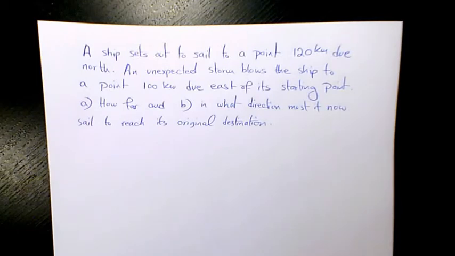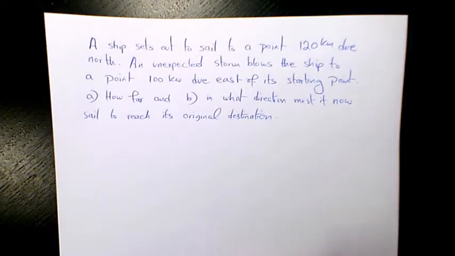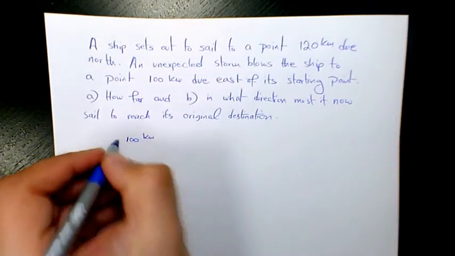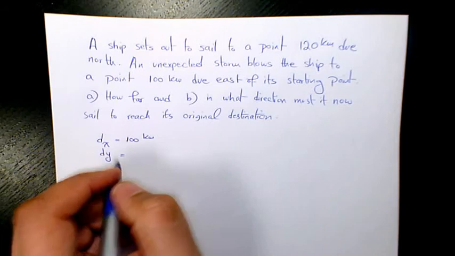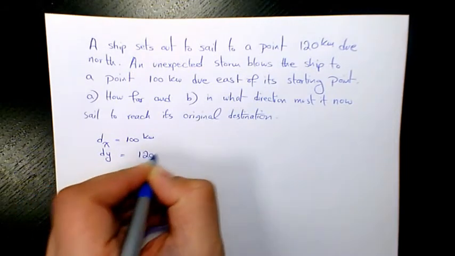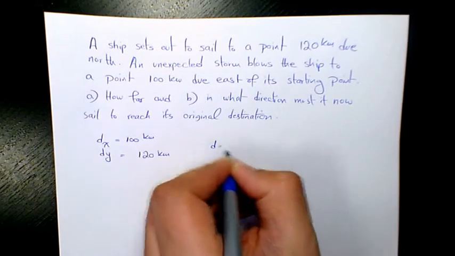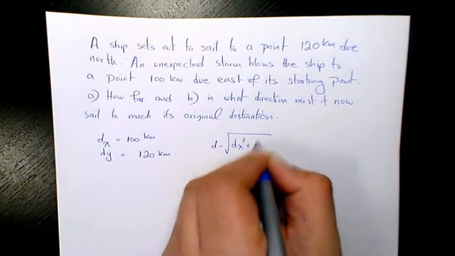Now in this example it says a ship sets out to sail to a point 120 kilometers due north, and an unexpected storm blows the ship to the point 100 kilometers due east of its starting point. How far and in what direction must it now sail to reach its original destination? So here we can say that we have 100 kilometers, that's going to be dx, and dy is going to be 120 kilometers. Now d will be the square root of dx squared plus dy squared.